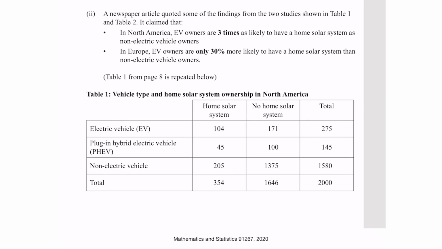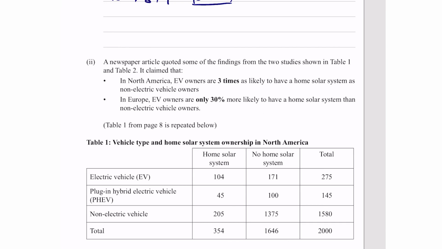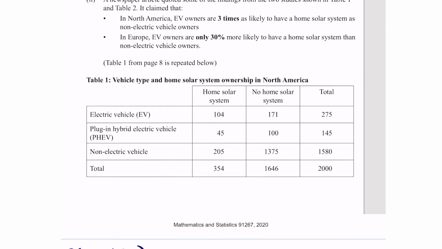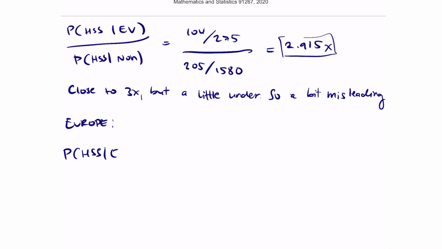What about for Europe? So we're looking at this table up here now. They're only 30% more likely to have a home solar system than non-electric. So essentially what we're saying, in Europe, is the probability of having a home solar system given that you have an EV. Oh, so we're doing the exact same thing just for the other survey.